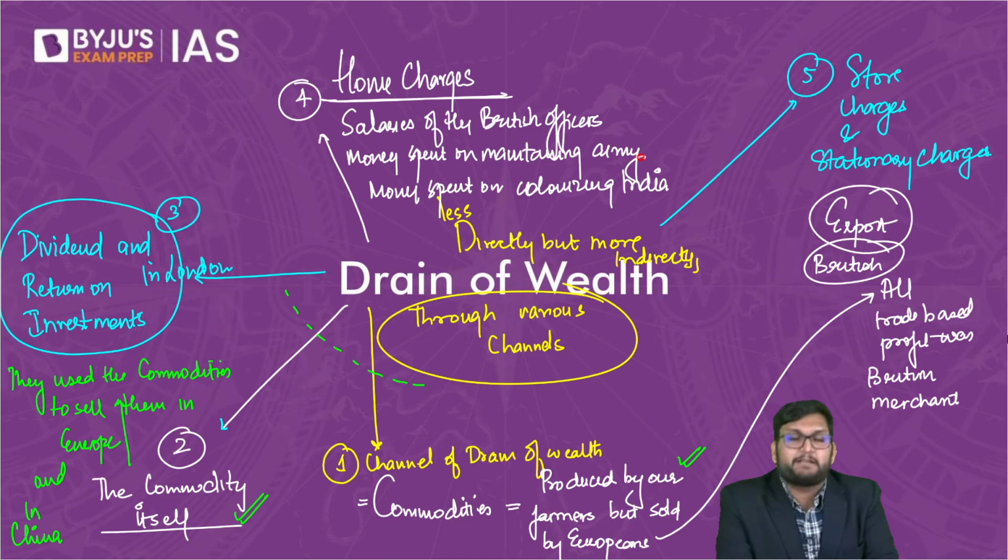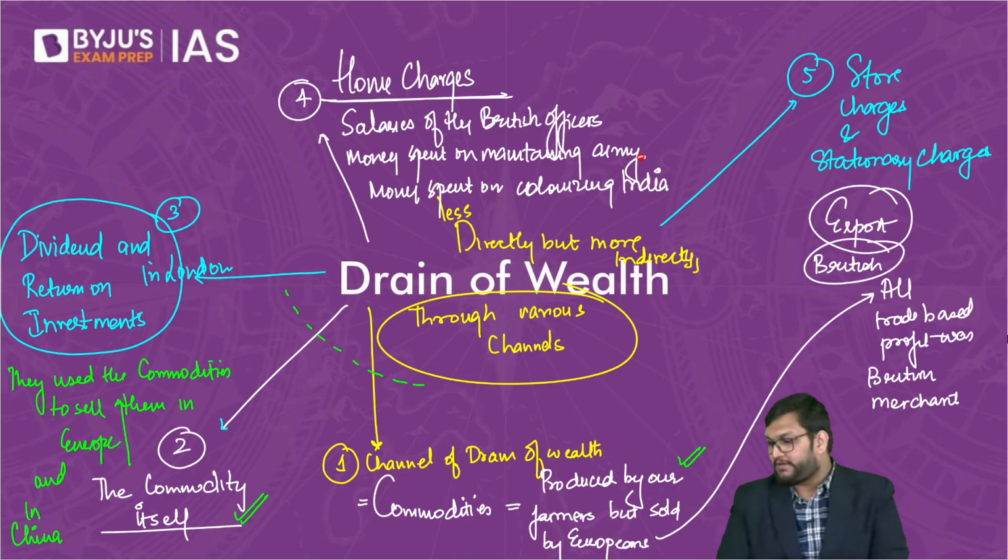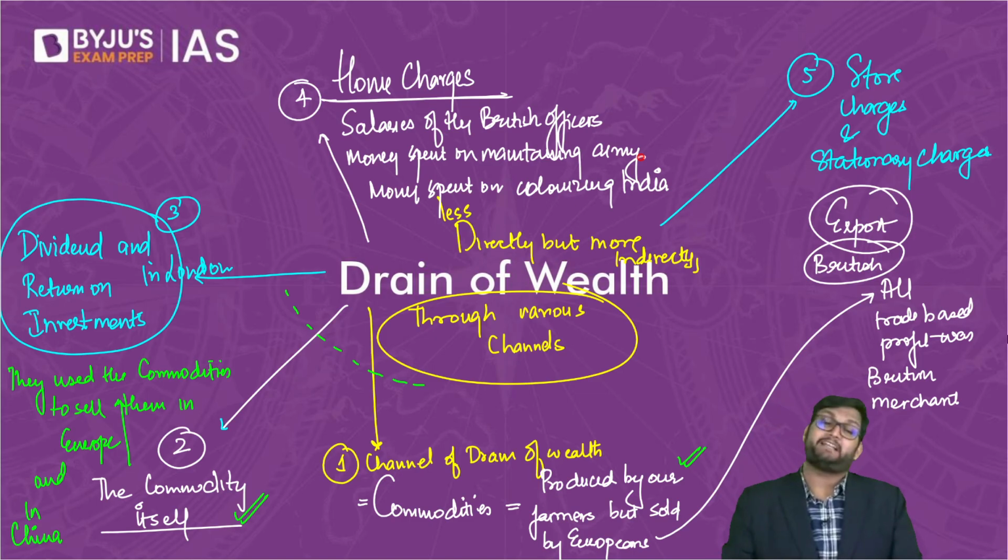The basic point of the matter is very simple. Land revenue settlement forced the commercialization of India, which in turn forced the de-industrialization of India. And Indian economic exploitation was not a standard WhatsApp university-based message that they took money from India. No. It was much more diverse and much more indirect than we think.